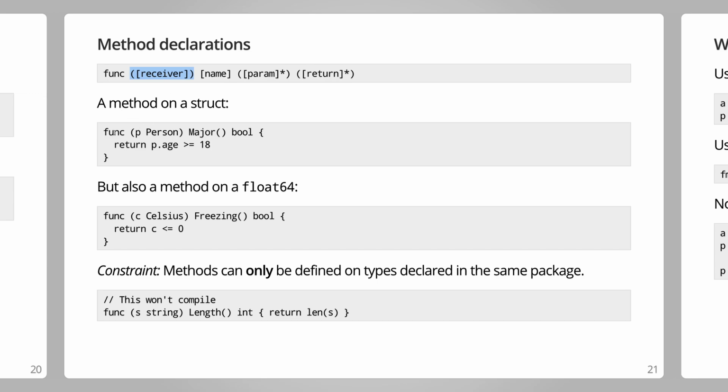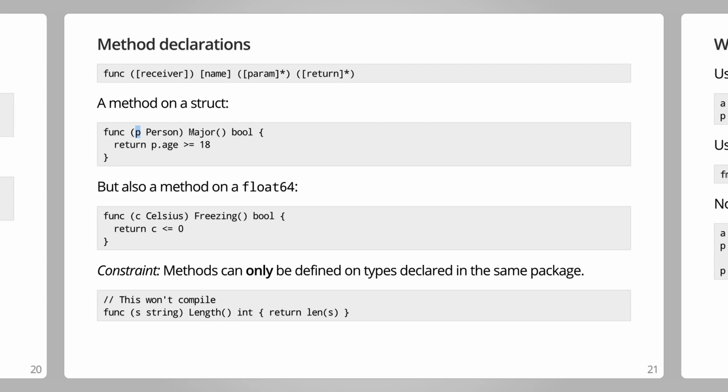So here's an example, func, and we have a receiver of type person, and in order to access a specific person object, we use this shorthand p. This corresponds to self in Python or this in Java. So instead of always using this or self, we can now specify ourselves that we want p to refer to the object at hand.